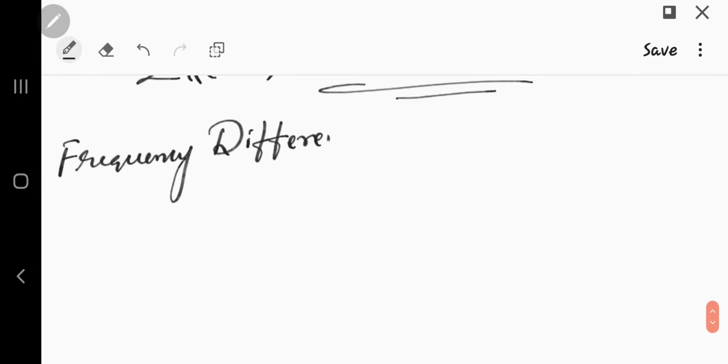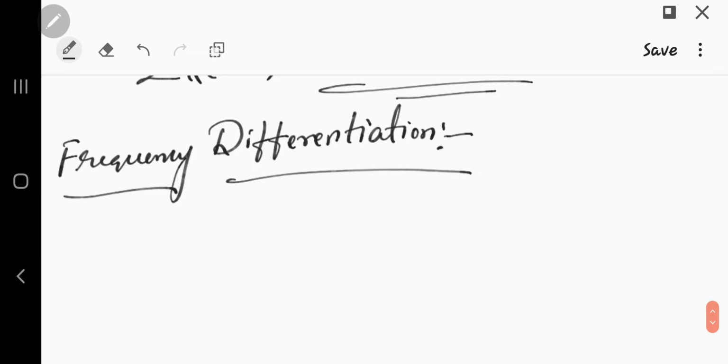So I take one more property in this video only, and in the next we'll take the remaining five. The next one is frequency differentiation. The name itself indicates that the differentiation operation will be in the frequency domain of the signal.